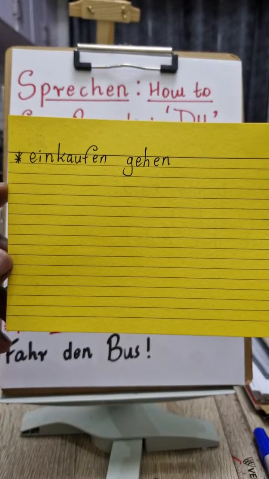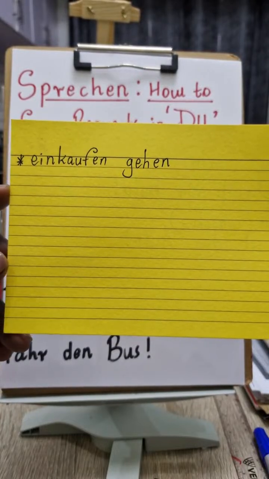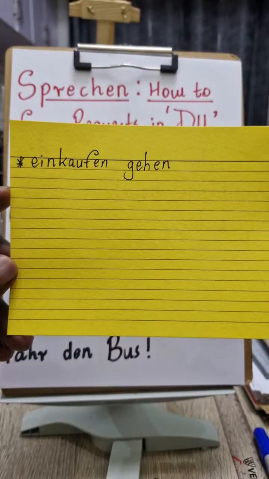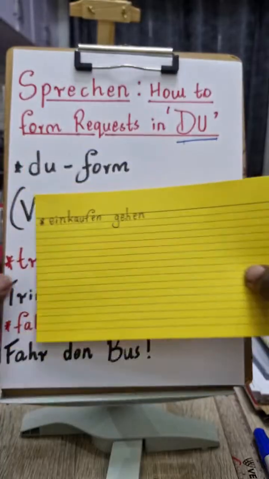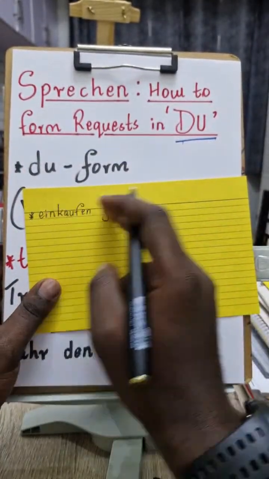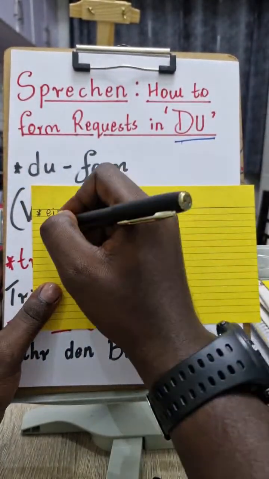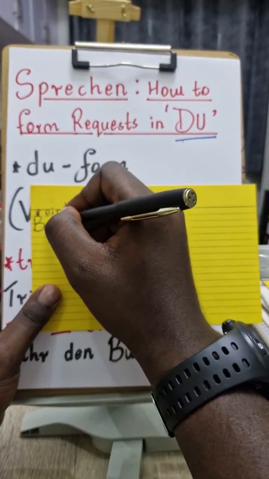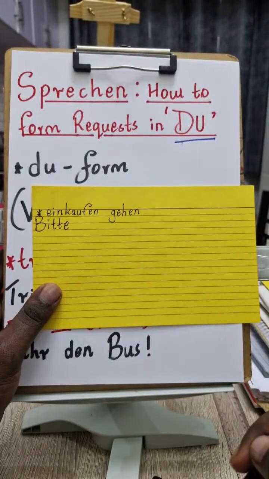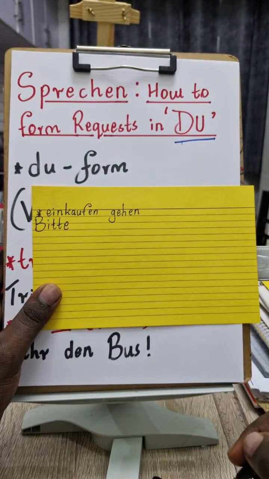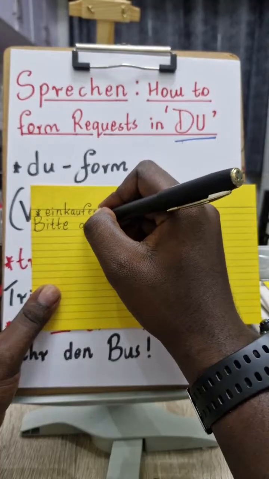Now this means to go shopping, right? So you want to request somebody, please go shopping. Remember, einkaufen is shopping, and gehen is to go. Here I would simply say bitte, and then use the verb gehen. Now you make it with ge. Bitte geh.